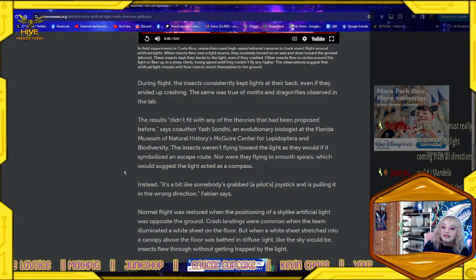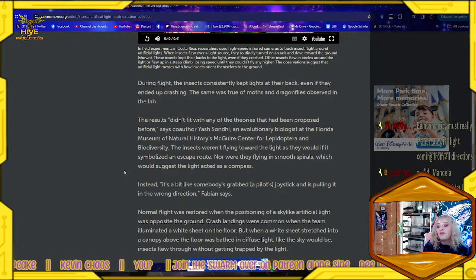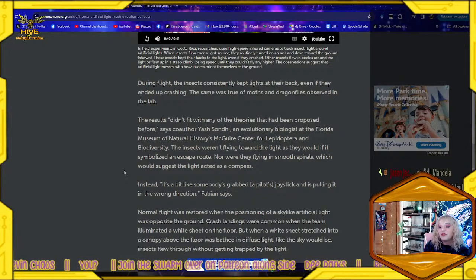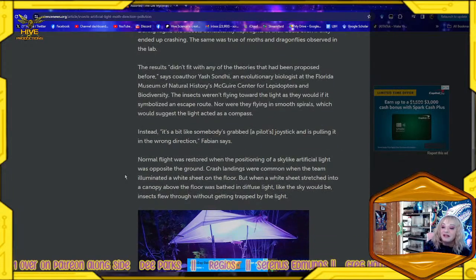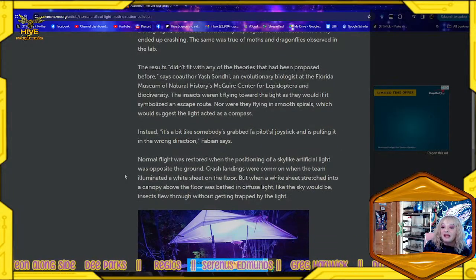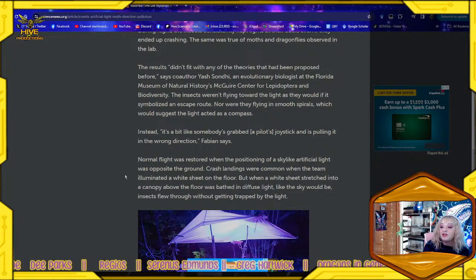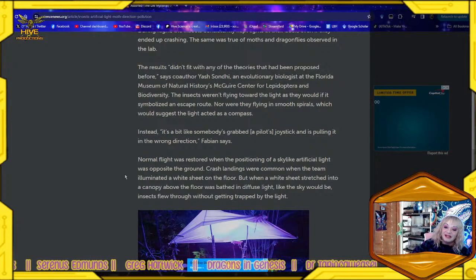The insects weren't flying towards the light as they would if it symbolized an escape route, nor were they flying in smooth spirals, which would suggest the light acted as a compass. Instead, it's a bit like somebody grabbed the pilot's joystick and pulled it in the wrong direction, Fabian said.